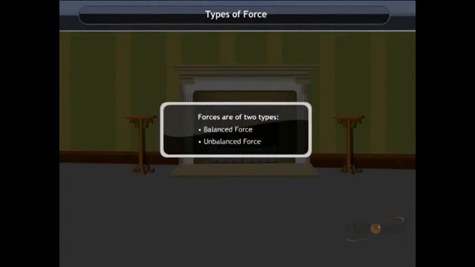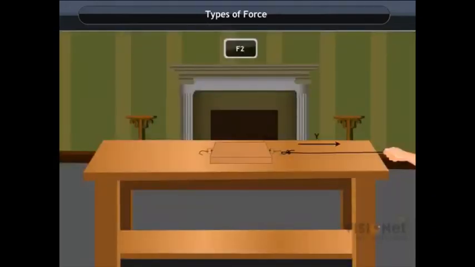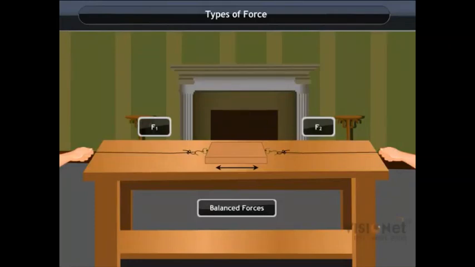Let us understand it with the help of an activity. Take a wooden block on a horizontal table. If we apply a force by pulling the string X, the block begins to move to the right. Similarly, if we pull the string Y, the block moves to the left. But if the block is pulled from both sides with equal forces, the block will not move.